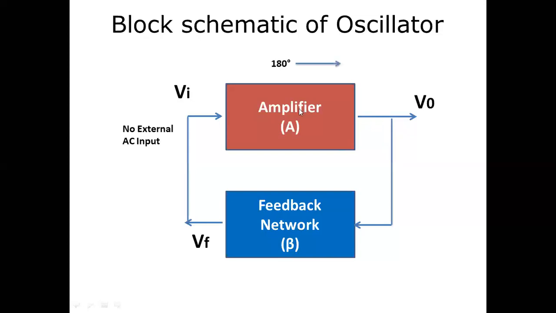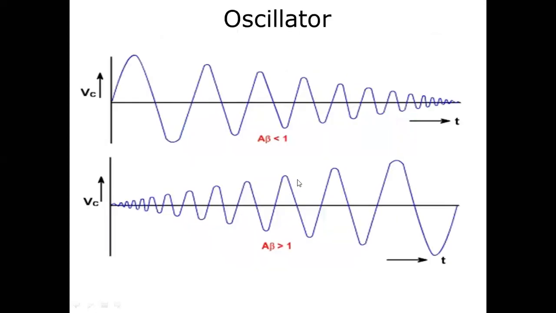In this amplifier, there is a 180-degree phase shift, so the output signal is the phase inverted version of the input signal. Again, another 180-degree phase shift is provided by this feedback network, and the total phase shift is 360 degrees. At the output side, two signals can be generated.